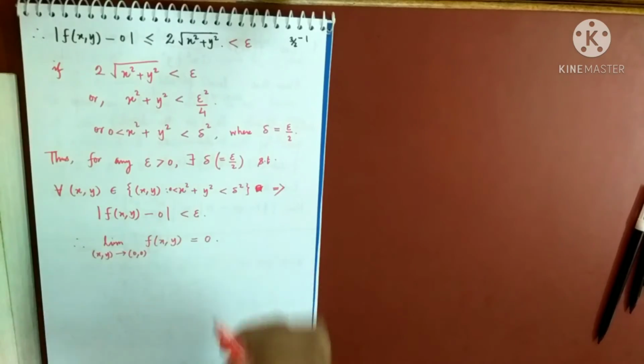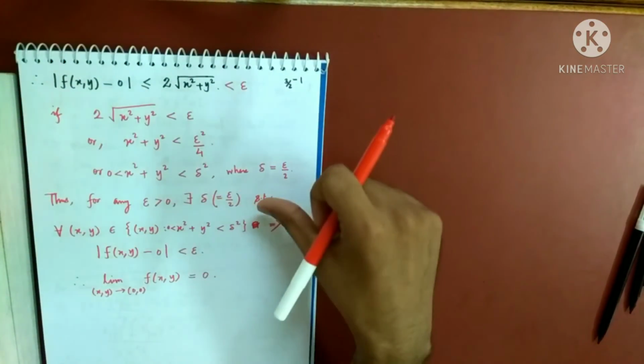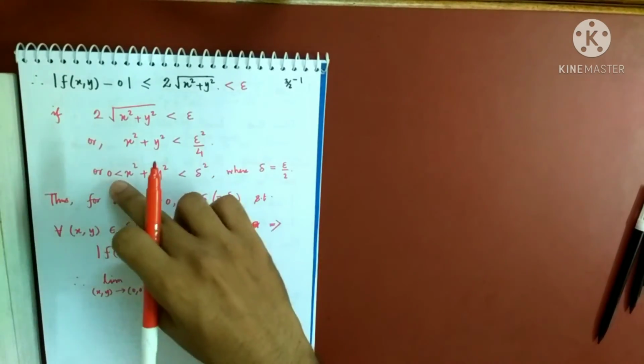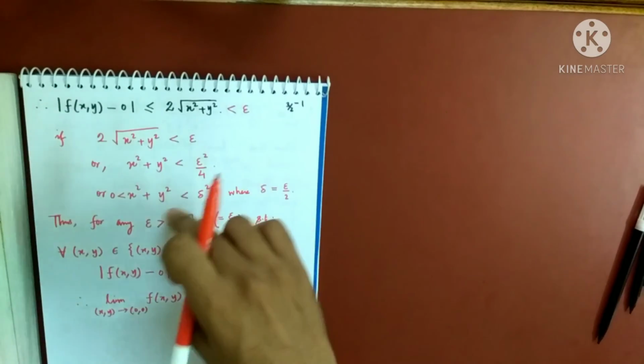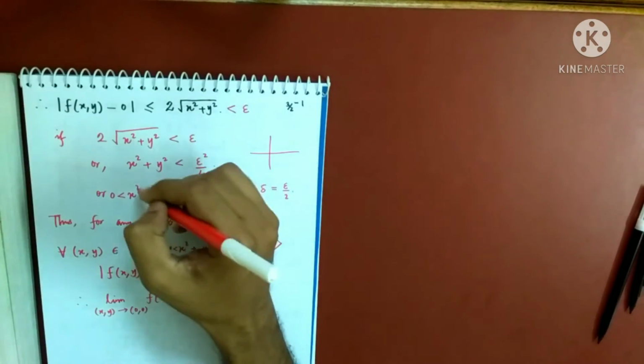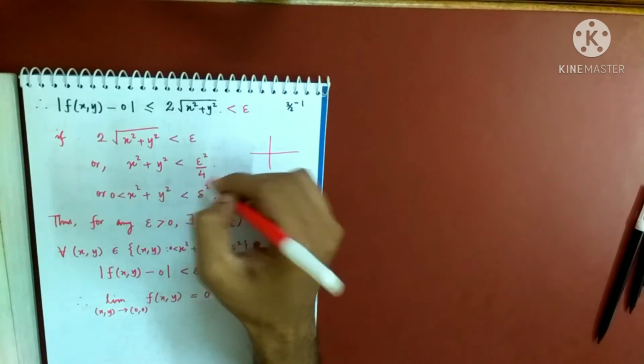So for any epsilon greater than 0, I wanted to find a deleted neighborhood around 0, 0. I hope you can understand why this is a deleted neighborhood around 0, 0. Because this represents a circle having center at the origin and radius delta.